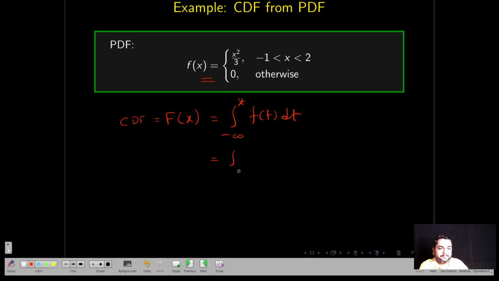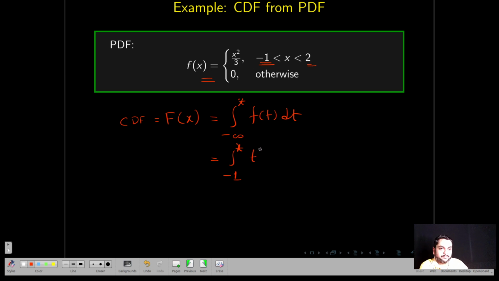So minus infinity is the lower bound, minus 1 in our case, till x, less than or equal to x. X may go till 2. It is continuous, so I cannot say 0, 1 or 2. I am calculating for x, so x lies in the range minus 1 to 2. That is the meaning. F of t dt.